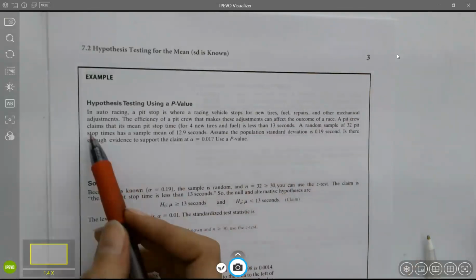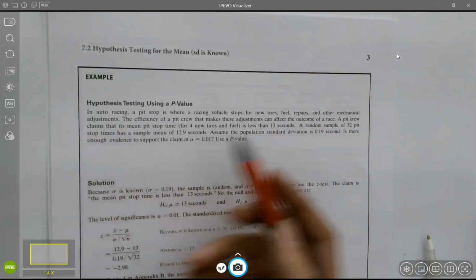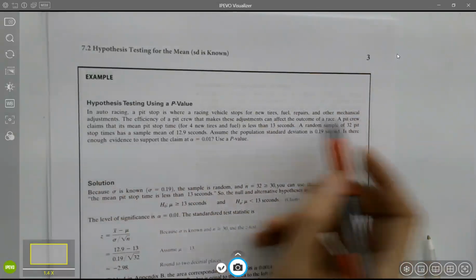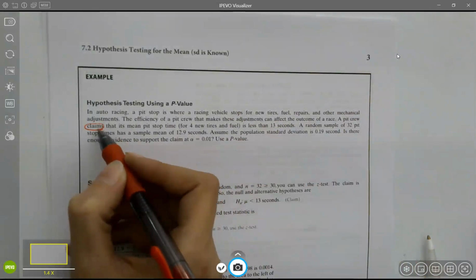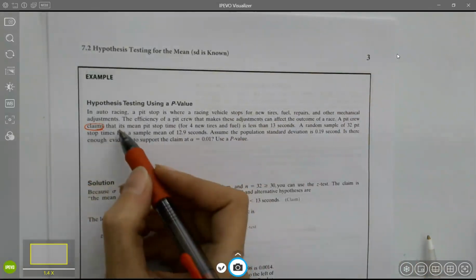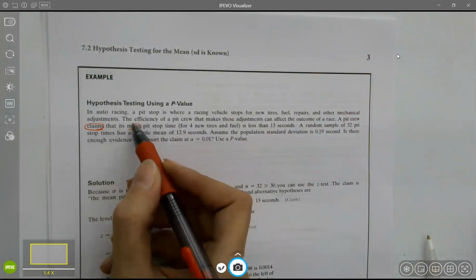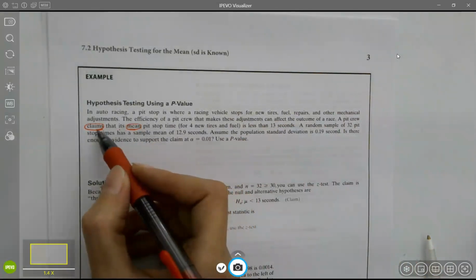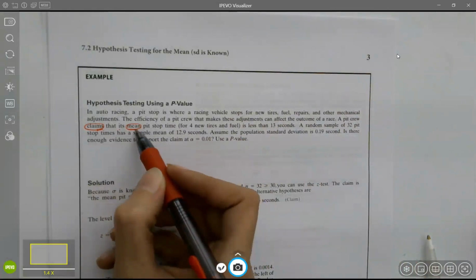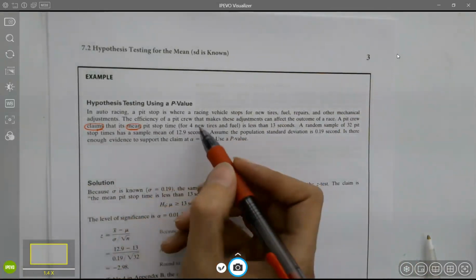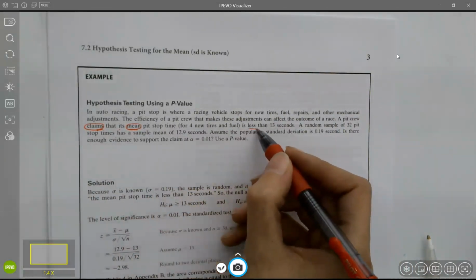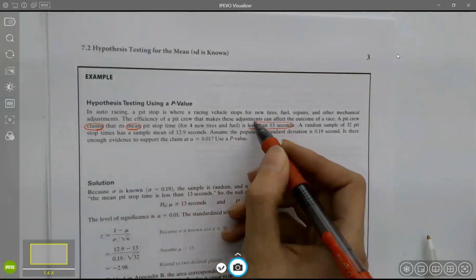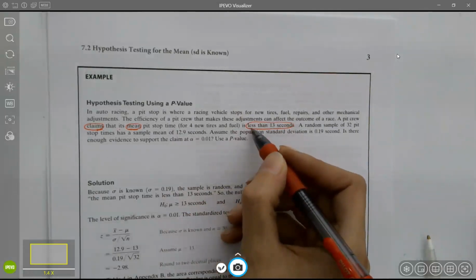A pit crew claims that, we're talking about the claim, it's mean. So one by one, we are identifying everything. The mean pit stop time for 4 new tires and fuel is less than 13 seconds.